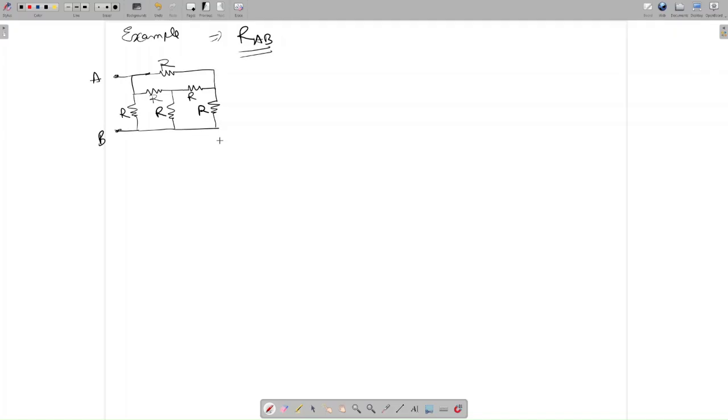So let's solve. In this, first look here. This is a delta pattern. So we have to convert this delta pattern into a star pattern.